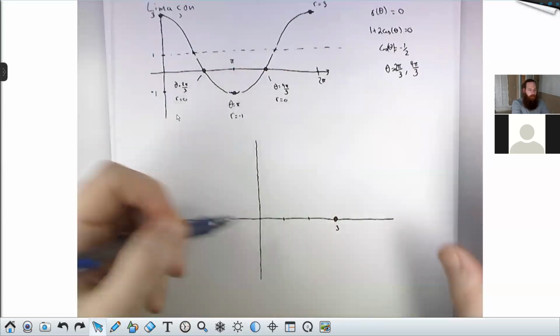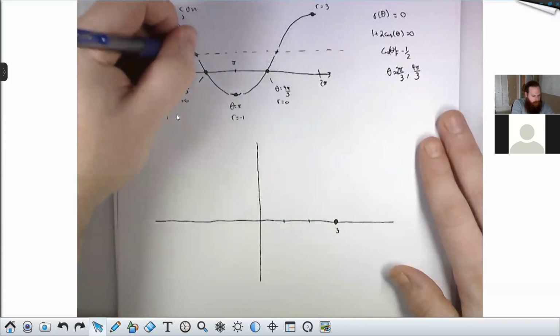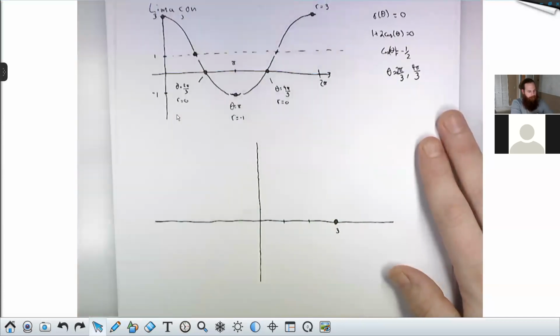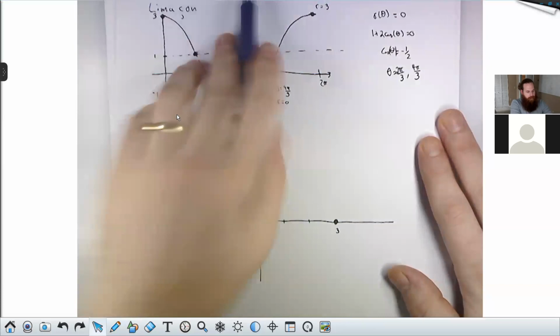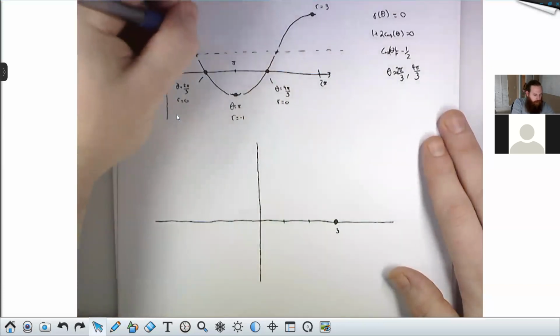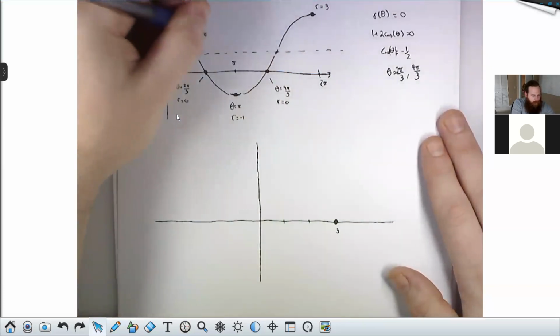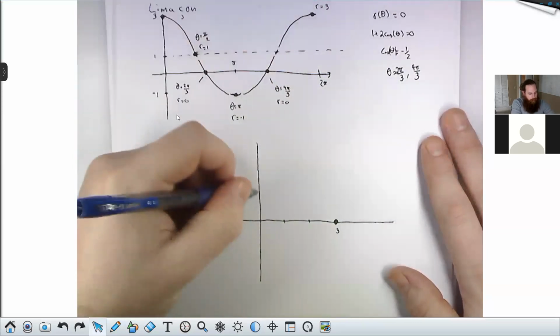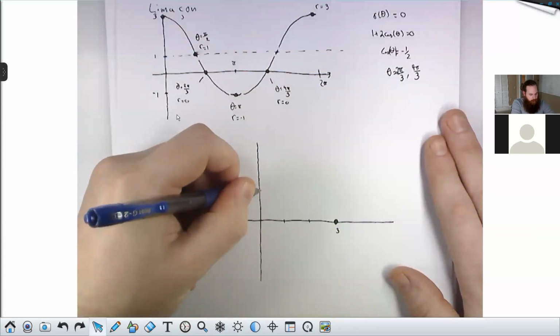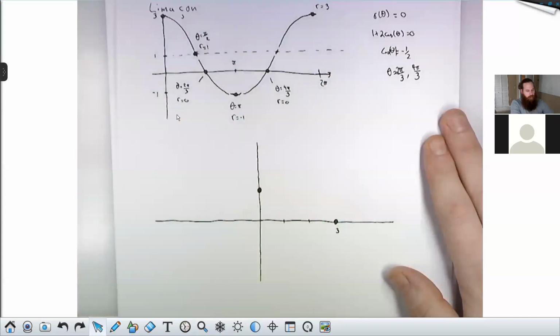So some other points that might be worth looking at, maybe this guy. When is this equal to 1? Well, that's at pi over 2, where the cosine is 0. So up here, we'll have the point where theta is pi over 2 and r is 1.